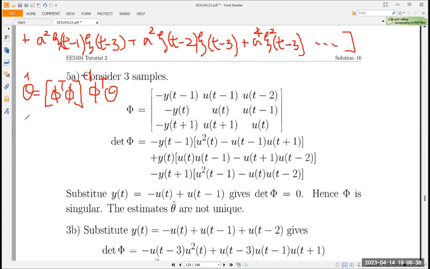You can find the minimum V, but there are infinite solutions to theta. You cannot find a unique solution to theta. To find whether this is invertible or not, all you need to do is find the determinant of this, which is equal to this.